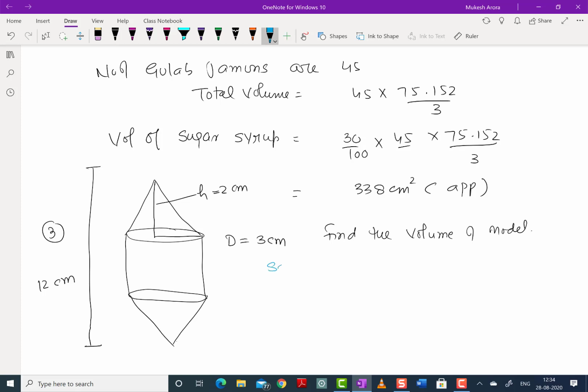So the volume of the model will be volume of cylinder plus 2 into volume of cone. Volume of cylinder pi r square h plus 2 by 3 pi r square h. Pi r square is common, that is h plus 2 by 3 h.